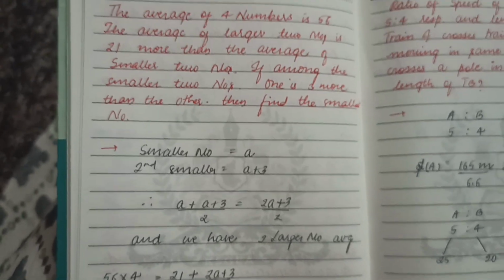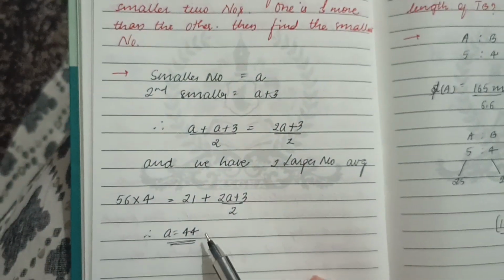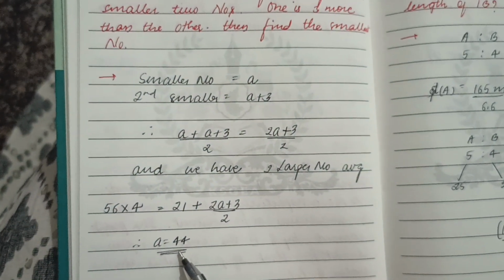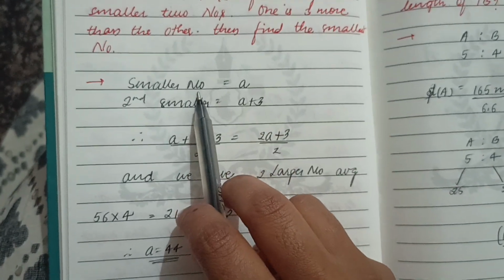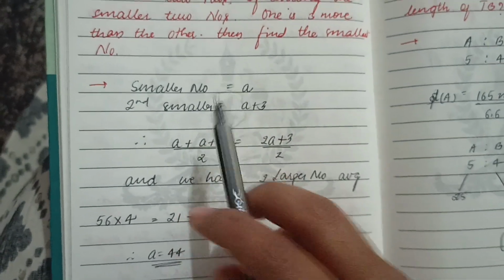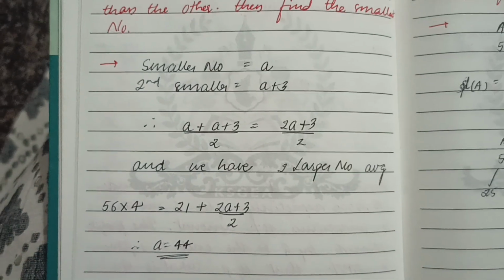The average of the two larger numbers is 21 more than that. And we have the total average, that is 56, for the four numbers. So that will give A is equal to 44, which is the smallest number, because initially we took the smallest number as A. So that will be equal to 44.